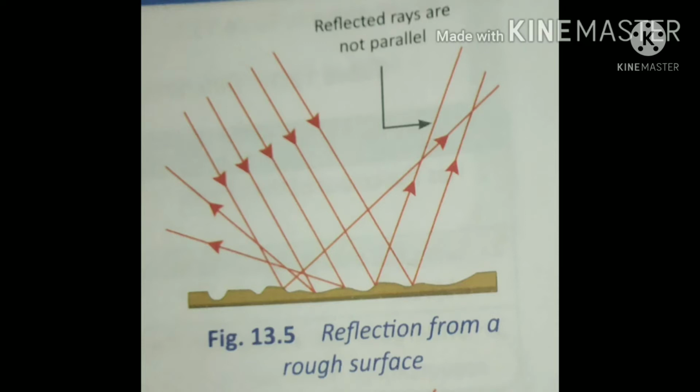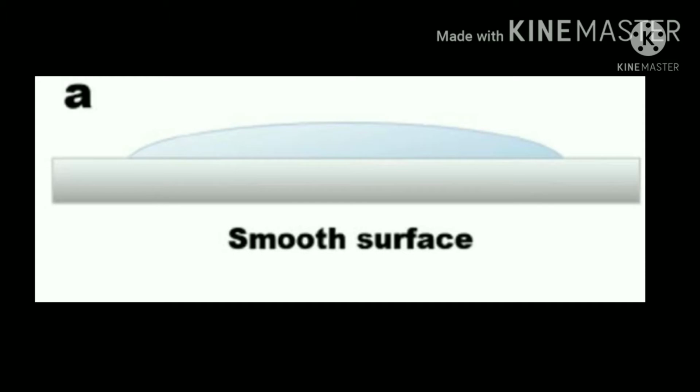Both the rays are not the same. Reflected rays are reflected in different directions. So, we cannot see the reflected image properly. Okay, are you clear? Now we are going to see how the reflected rays fall on a smooth surface.